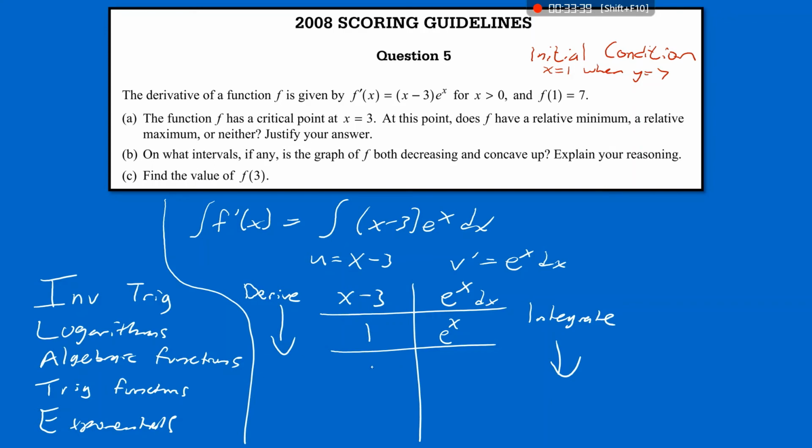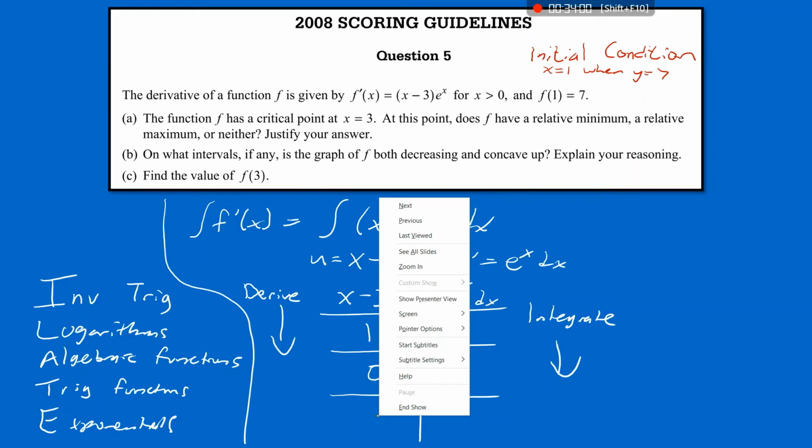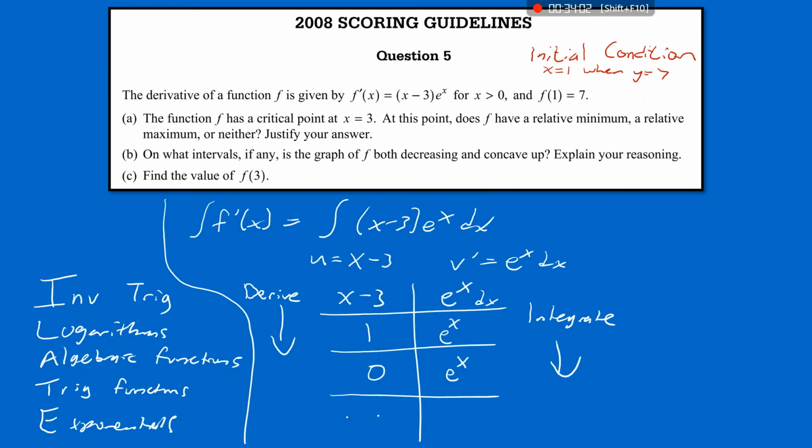Okay, if I derive 1, what do I get? 0. And if I integrate e to the x again? e to the x. Okay, and I can do one more. If I derive 0, what do I get? 0. If I integrate e to the x, I get e to the x.